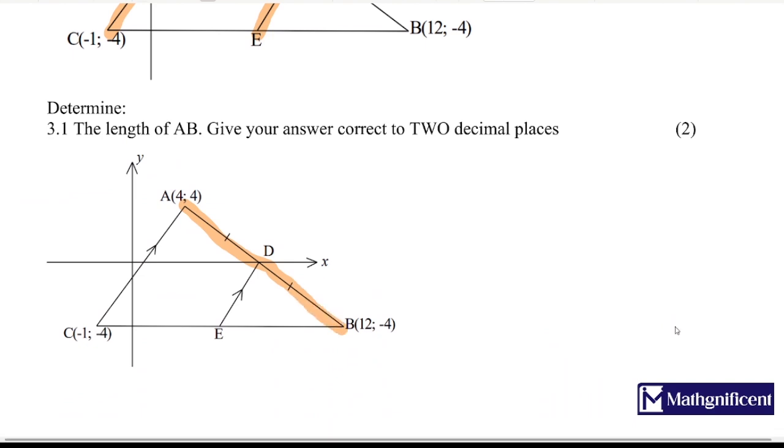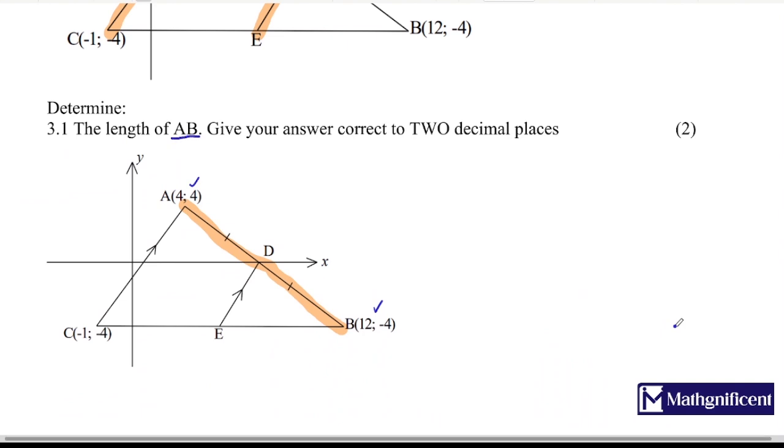We know that D is the midpoint, that AD is equal to DB, and we also know the coordinates of A and of B, right? So now we can use these 2 points to find our length or our distance. So the length that we want is AB.